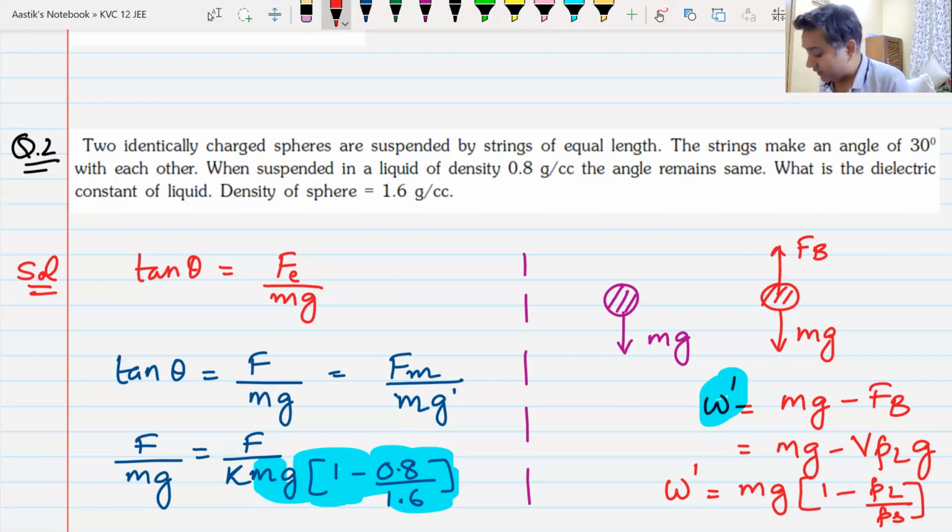You now can equate things on this side. F and F goes away, m and mg goes away, and you will get your answer. K will come as 1 divided by 1.6 minus 0.8 divided by 0.6. It goes up. K will come same as 2. The value of K from here will come as 2.